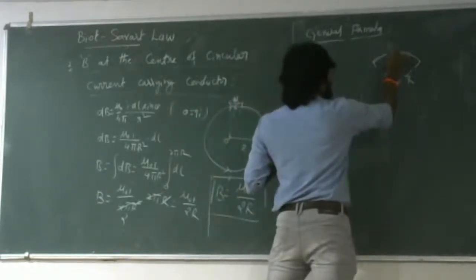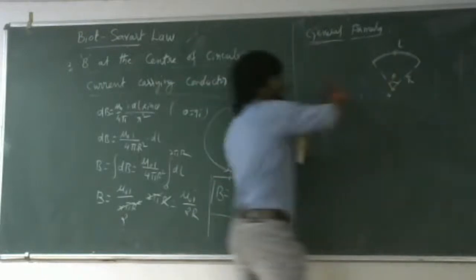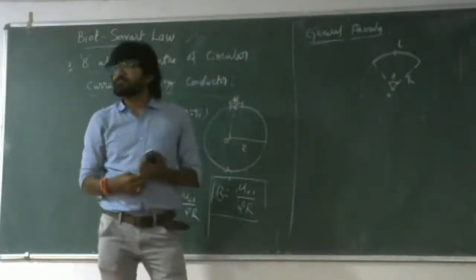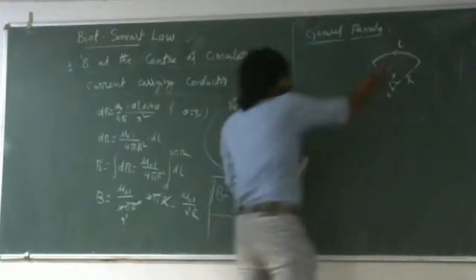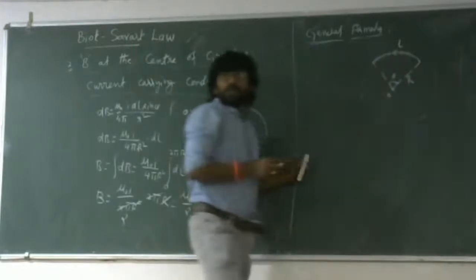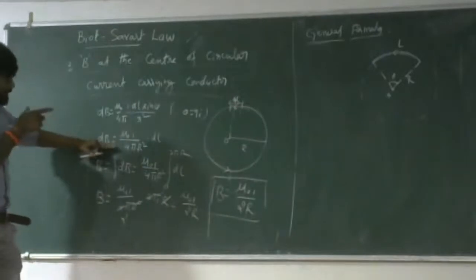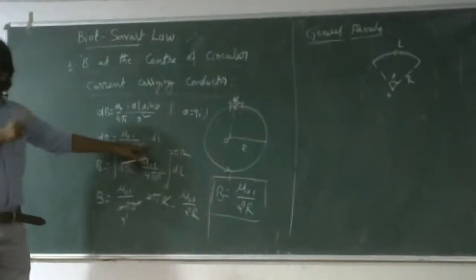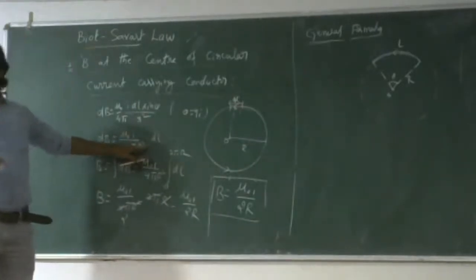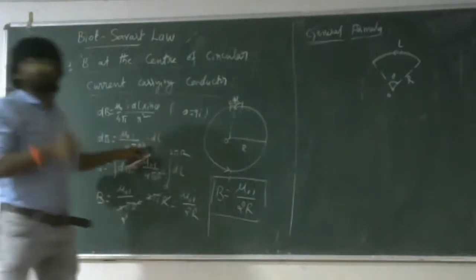The total length of the arc is L. If you consider a small element dl, the field due to it is dB, which is mu naught I by 4 pi r square dl. Due to the arc of length L, how much is it?